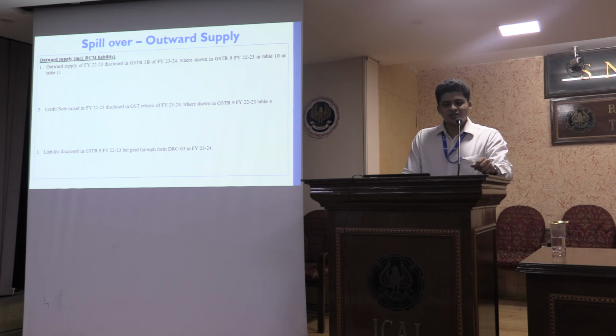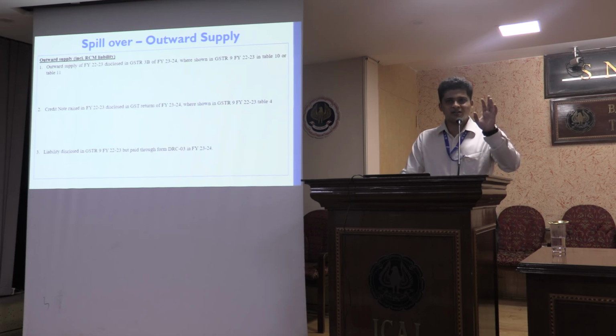So in these situations, assume outward supply of 22-23 disclosed in 23-24 returns, and in GSTR 9 it is shown in the table 10 or 11. Should we disclose in GSTR 9 of financial year 23-24?